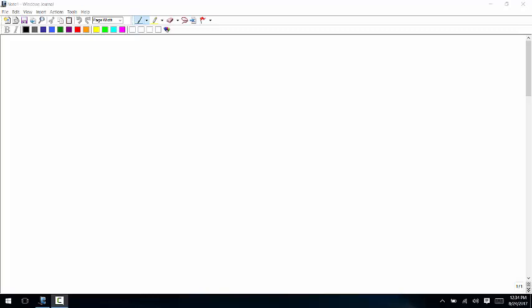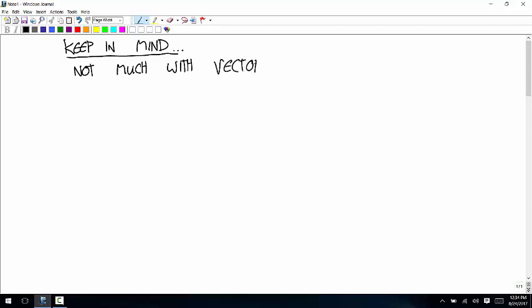So one thing to keep in mind in this class is that this class isn't going to be dealing with vectors for the most part. But the idea of direction comes from the signs of things, the plus minus signs of things.